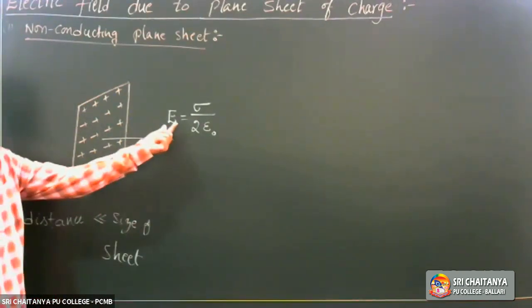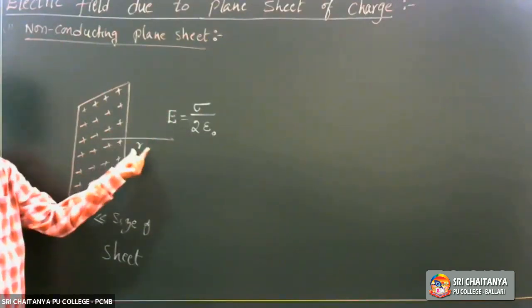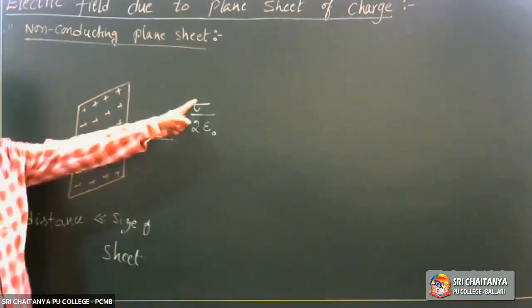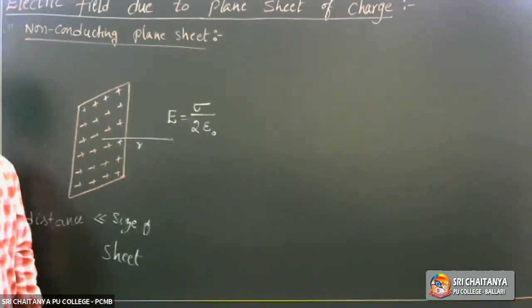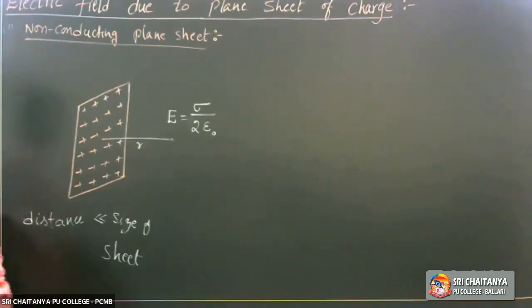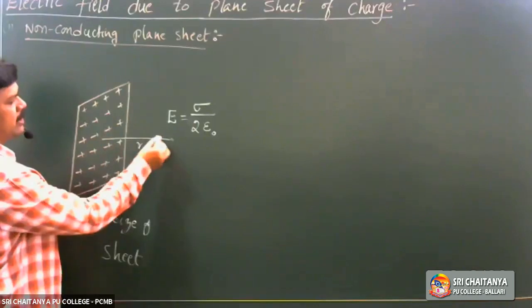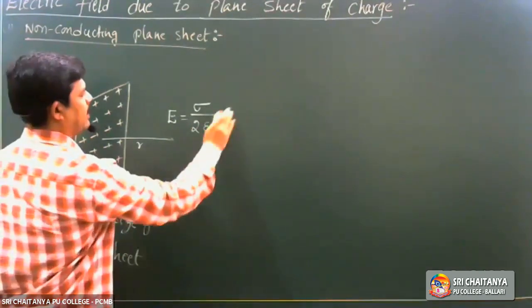So it clearly tells us E is independent of this distance. It depends upon the charge density on this plate. And even if you see the direction, if this is a positive charge, the direction is outward. You can write like this.